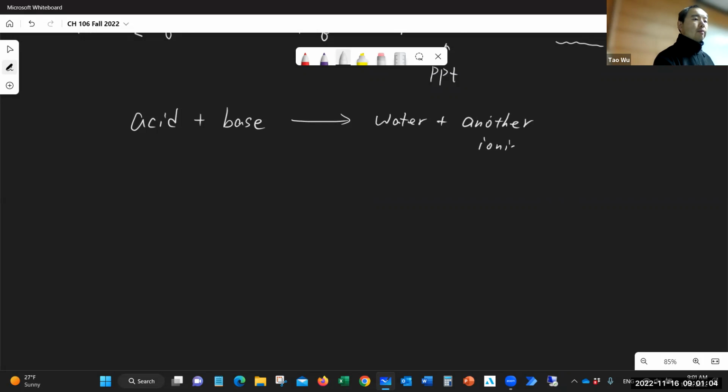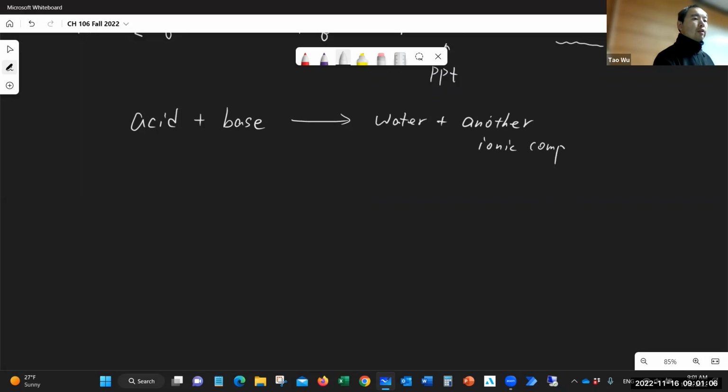Now we talk about the acid-base reaction. Again, an acid-base reaction eventually is going to form water plus another ionic compound.